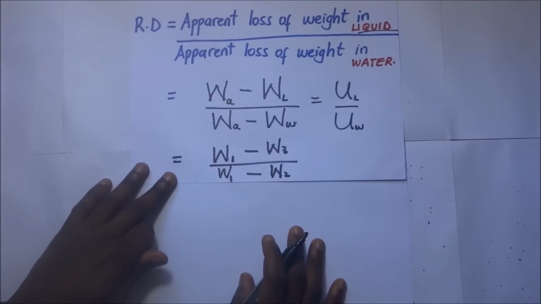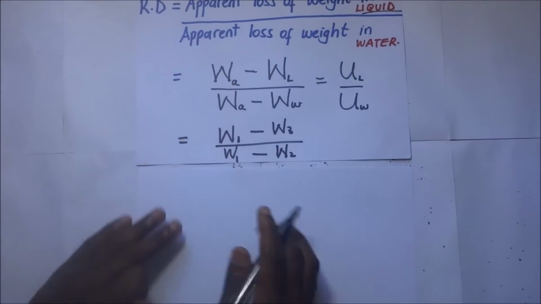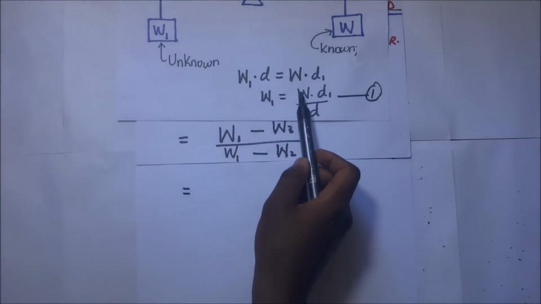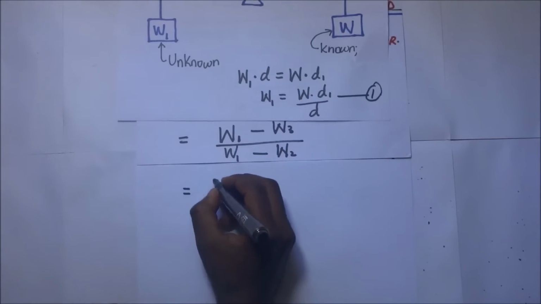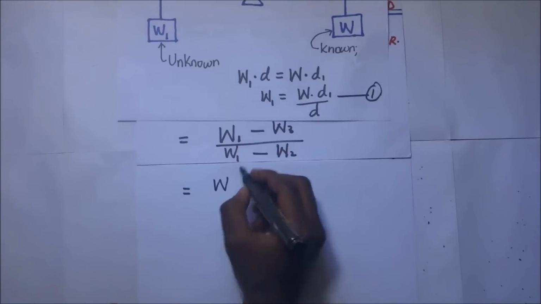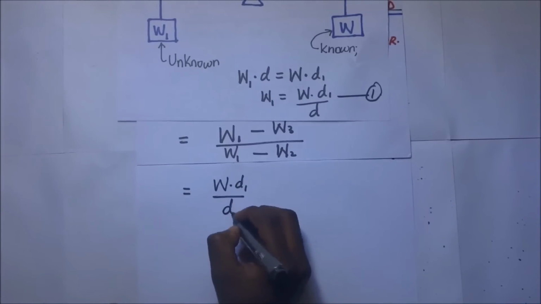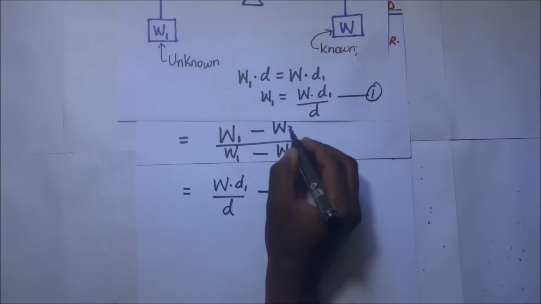So we will go ahead and make the necessary substitutions. What is W1? W1 is W times D1, divided by D, minus W3.